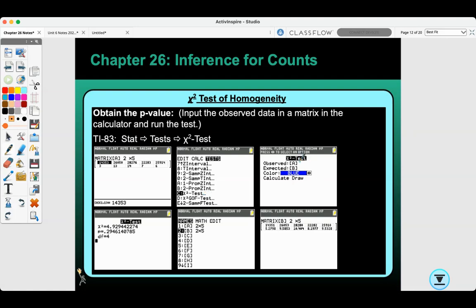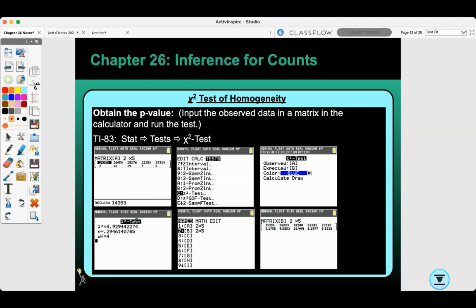Observed is going to be matrix A. It should default to that. Expected will be put in matrix B. Then you choose calculate. It gives you your chi-squared statistic and your p-value and your degrees of freedom. So that you don't have to do all your expected values by hand, you can go to matrix B and look at it here. However, notice because these are much bigger numbers, the 14,351, you need to click on that value to get it to at least 2 decimal places, since you don't see the decimal places, so make sure you do that.